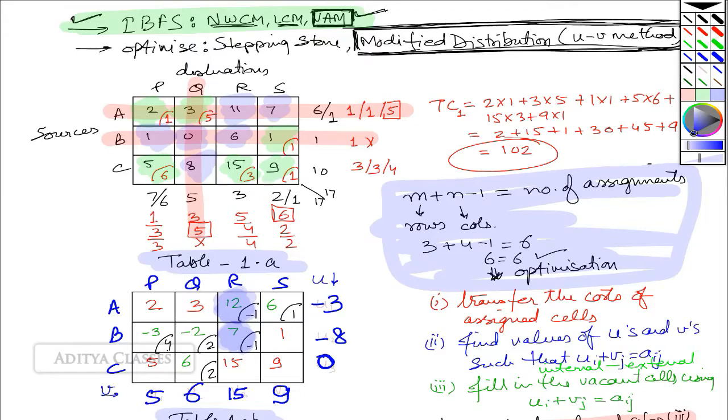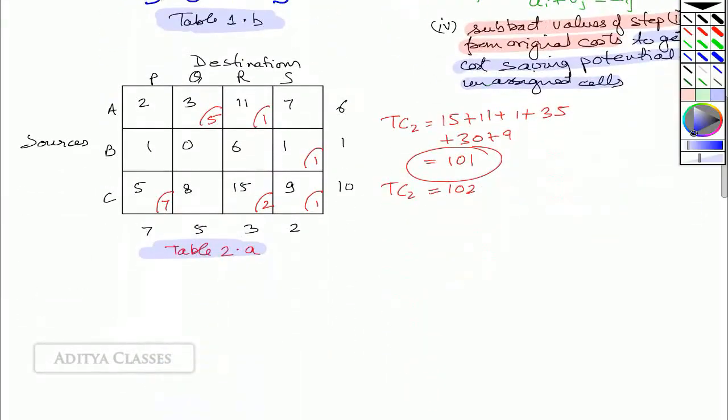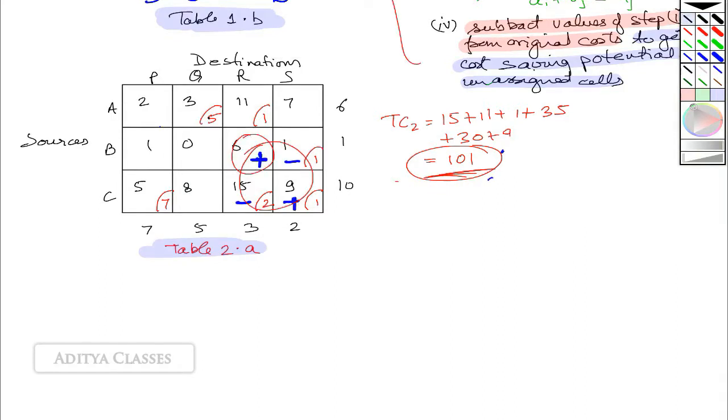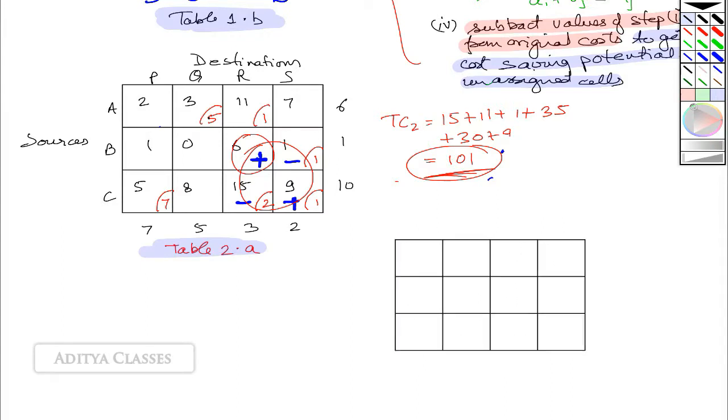Can we at all proceed further? The m plus n minus 1, 3 plus 4 minus 1 is 6. Number of assignments are 1, 2, 3, 4, 5, 6. So here is our check table.